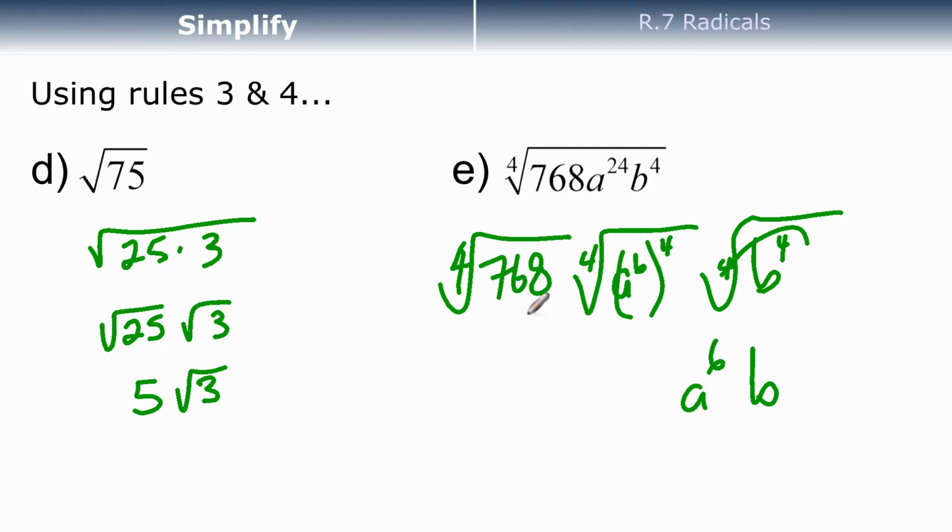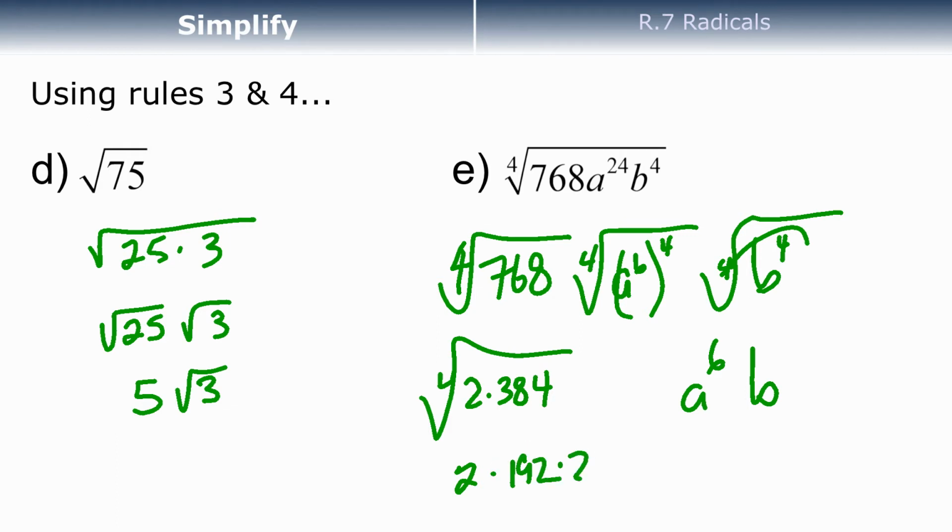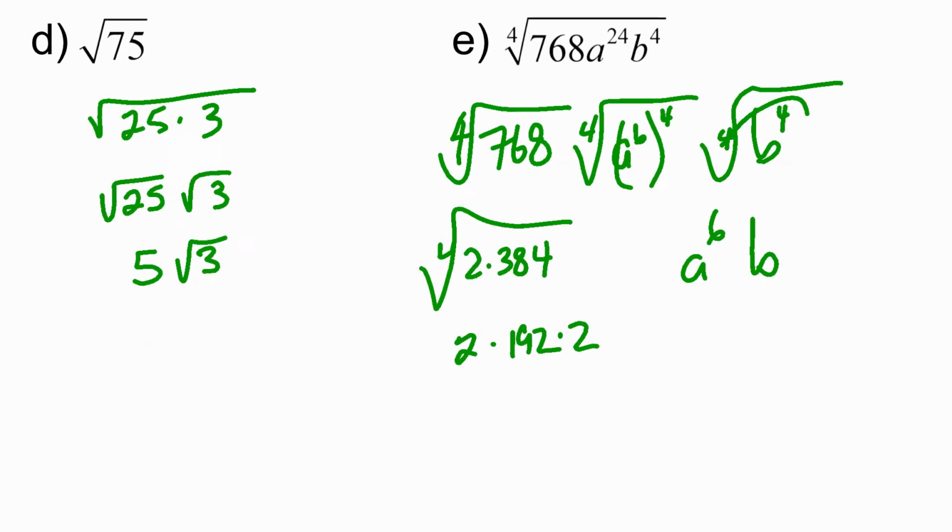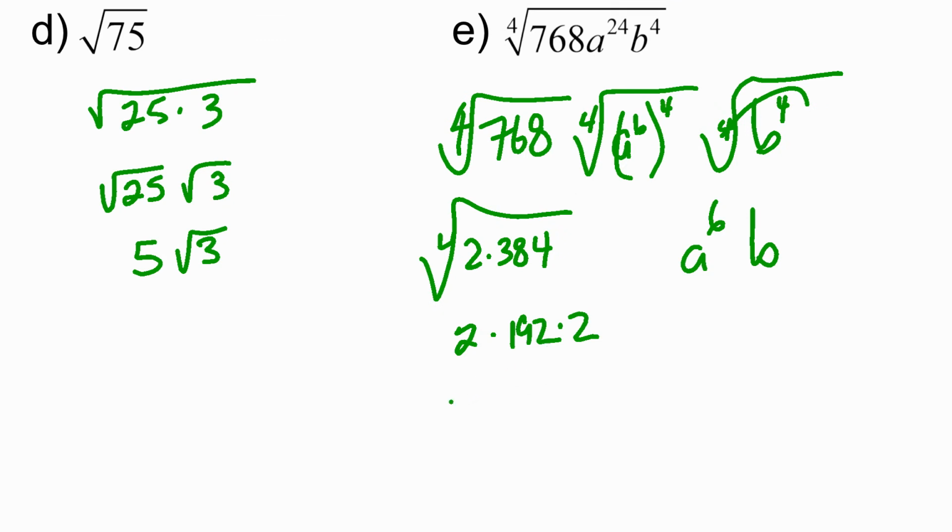What'll divide into that? I just did this. 768. So it's a 4th root of, I guess 2 will go into that. That'd be 384. 2 times 384. 2 will go into that again. So 2 will go into that, 192. And then 2 goes into 192 as well.